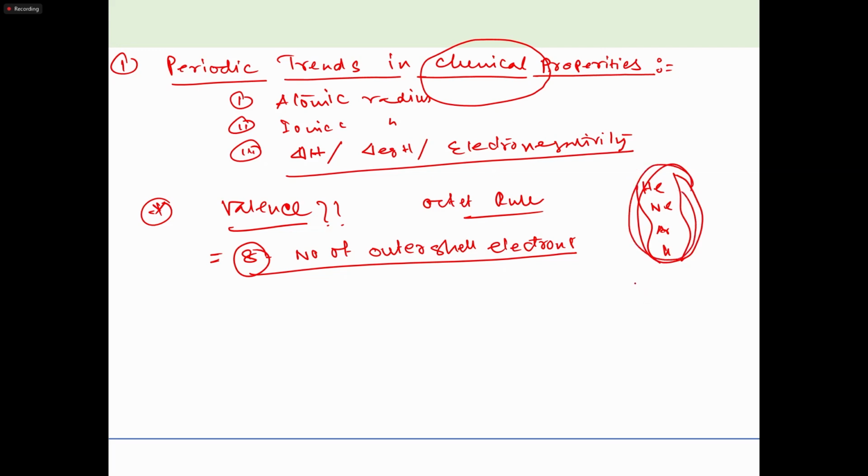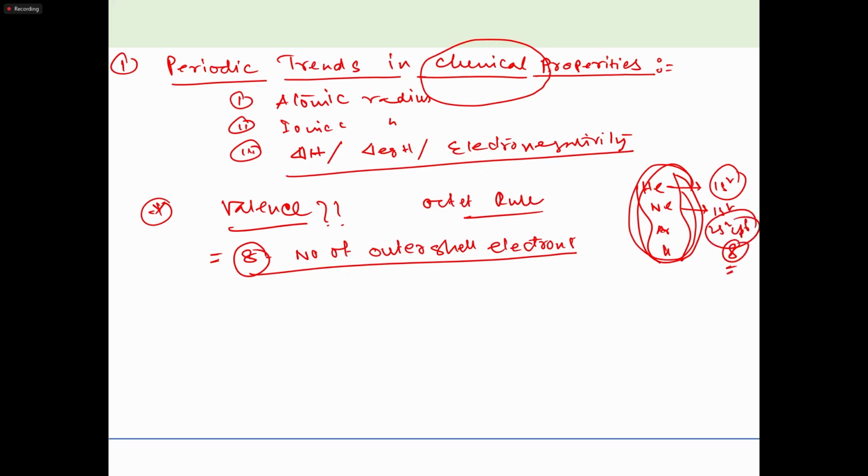Because here the outermost valence shell is filled up. Helium is 1s2, and in the 1s orbital the maximum number of electrons is 2. Neon has 1s2, 2s2 and 2p6, so 8 electrons are there.